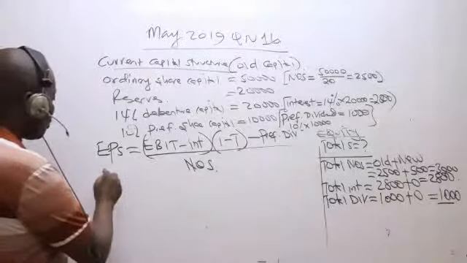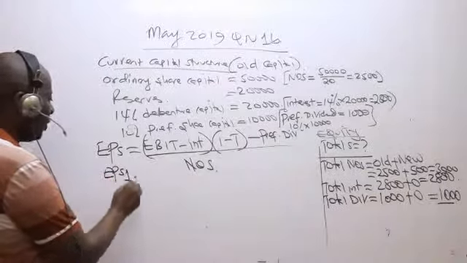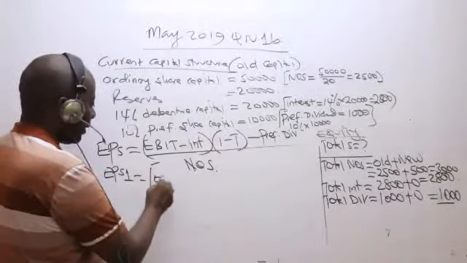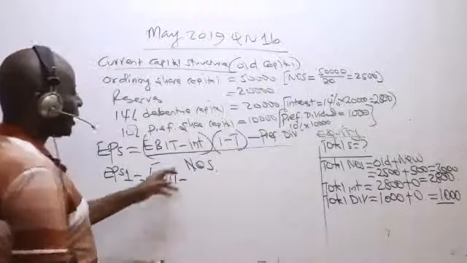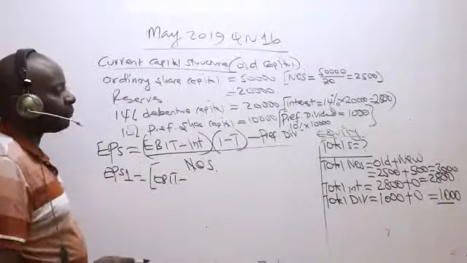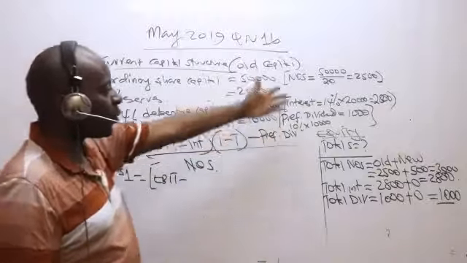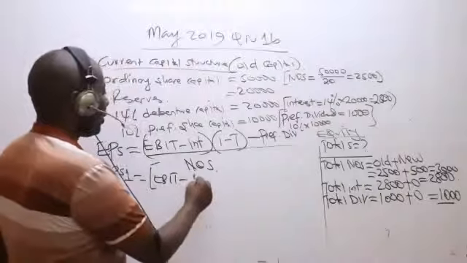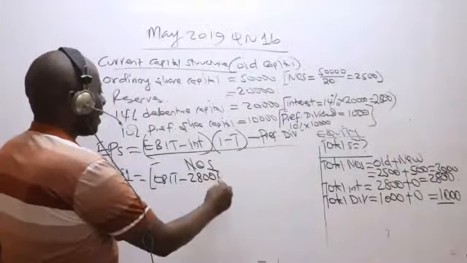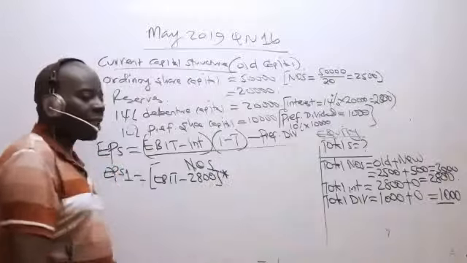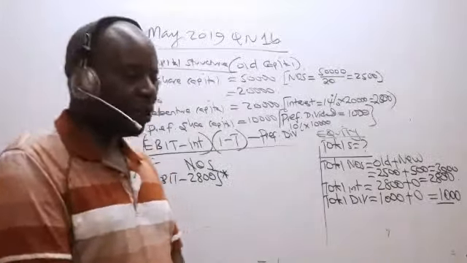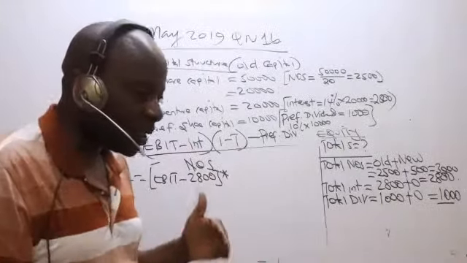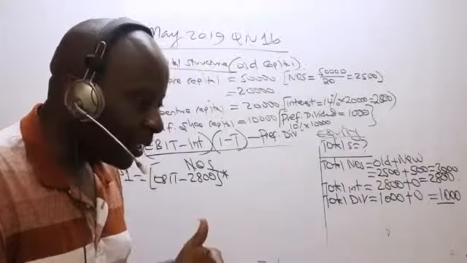So then EPS1 will be equal to who? Of course, we don't know what the EBIT will be, so I'll leave this EBIT there, minus interest. Are you able to see the interest amount? Remember, don't work with the old or the new alone. Total interest amount is 2,800. Do you know the rate of taxation from the last point? 30%, isn't it?